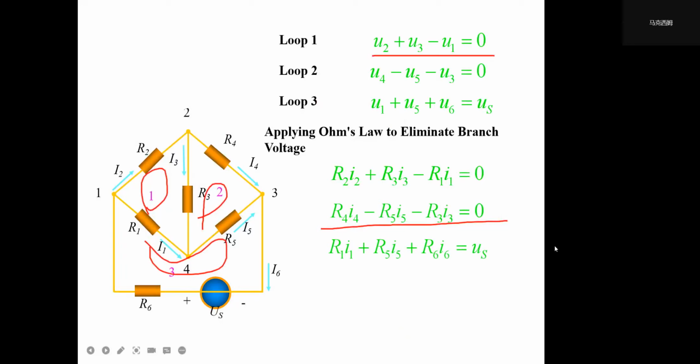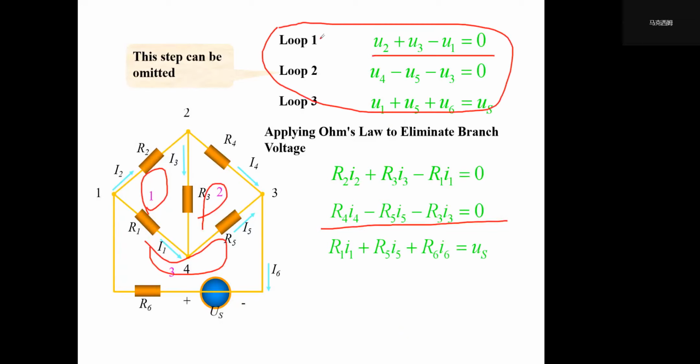Now we have 6 equations about the branch current. Also, we can just directly omit this loop step. We can just write the voltage on each branch directly, so we don't have to write this.